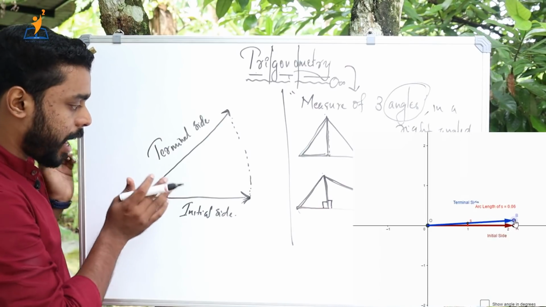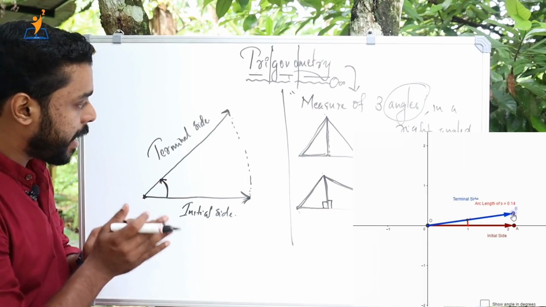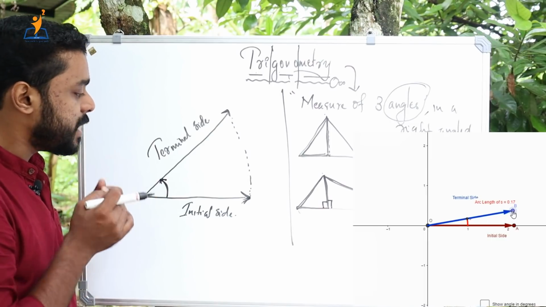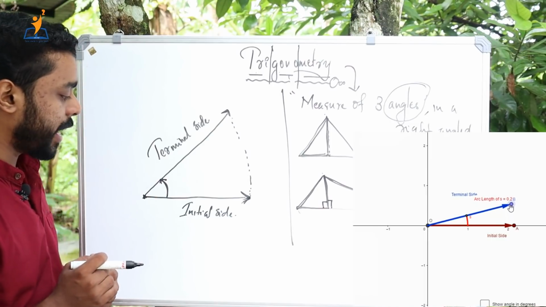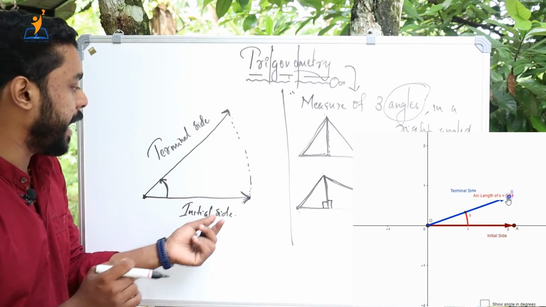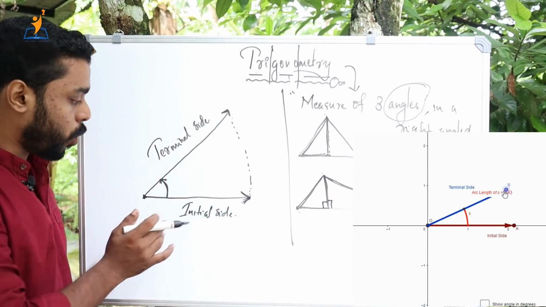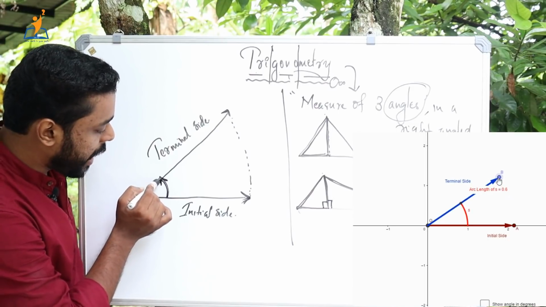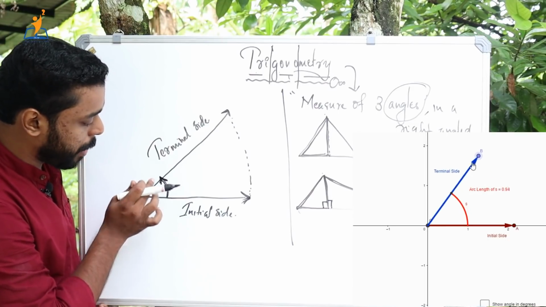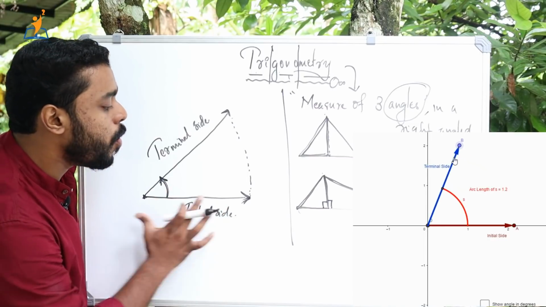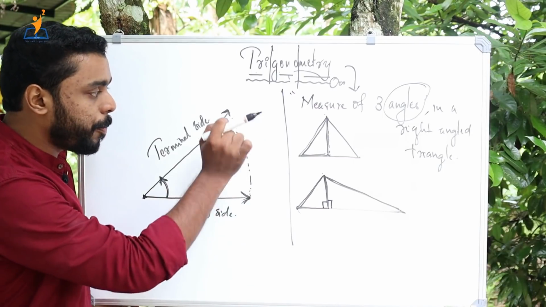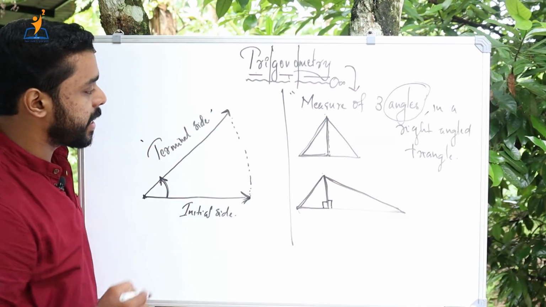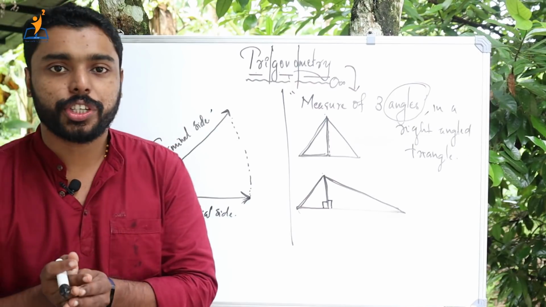Angle can thus be defined as the amount of rotation performed in order to reach from the initial side of a ray to the terminal side. This measure enables us to calculate the amount of rotation we have to perform in order to reach the terminal side, the new position of the ray.